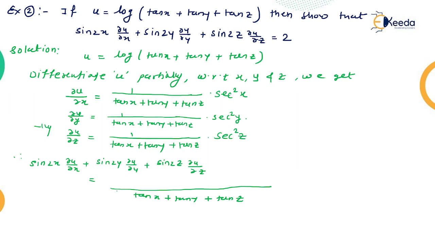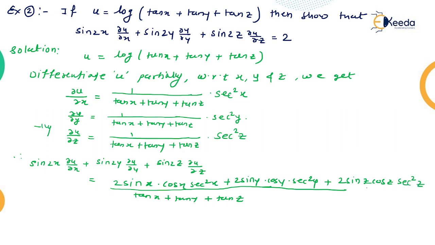So sin 2x becomes 2 sin x into cos x, giving 2 sin x cos x sec square x plus 2 sin y cos y sec square y plus 2 sin z cos z sec square z.